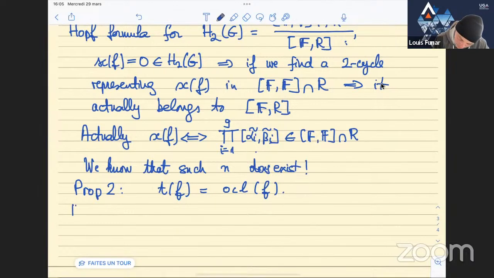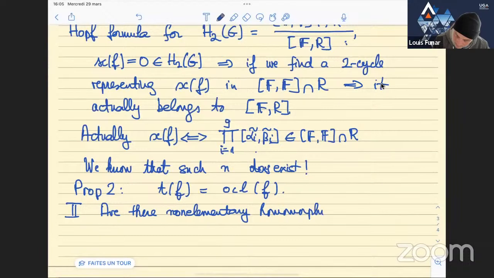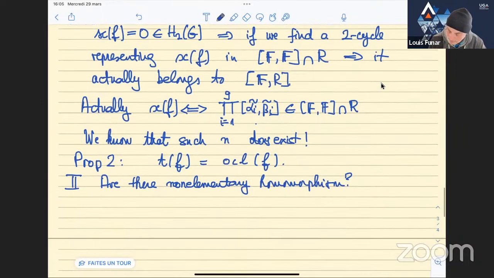Let's step to the second part of the talk. Are there any non-elementary homomorphisms? What is known? This makes sense because, as I gave you this theorem of Reznikov, it says that for some groups they really don't exist.